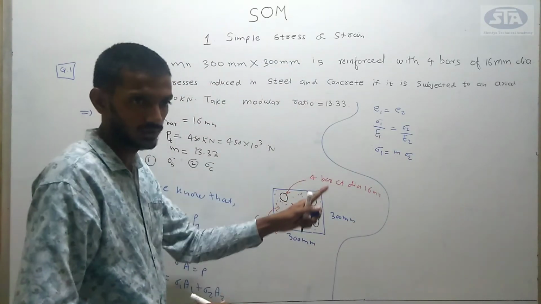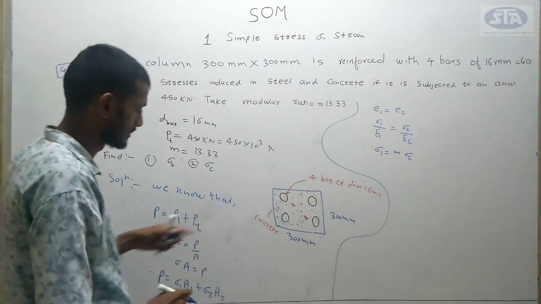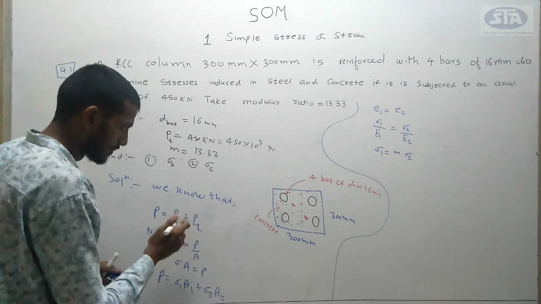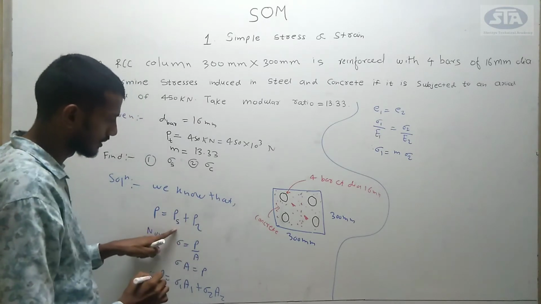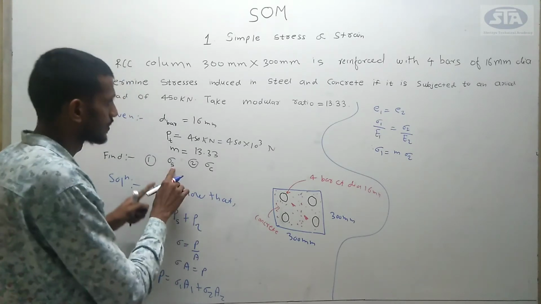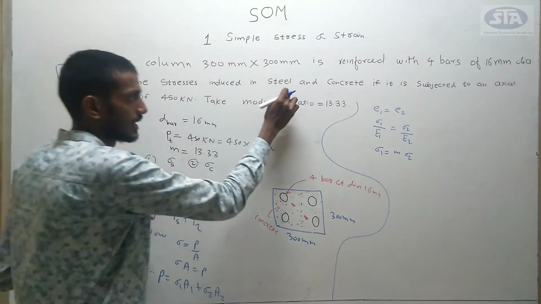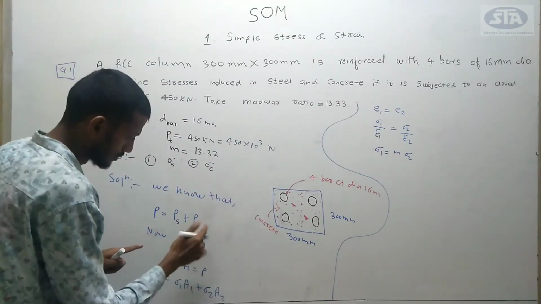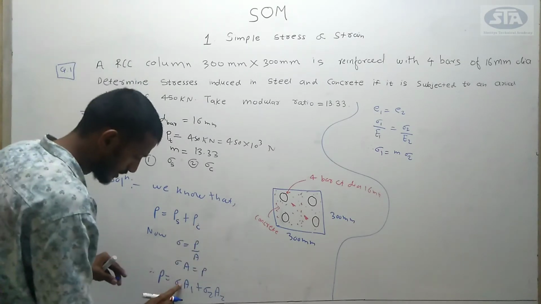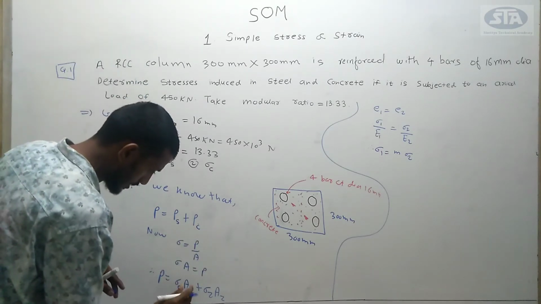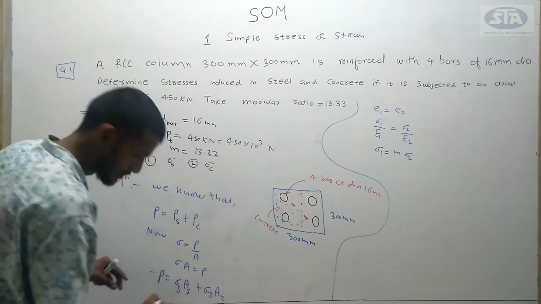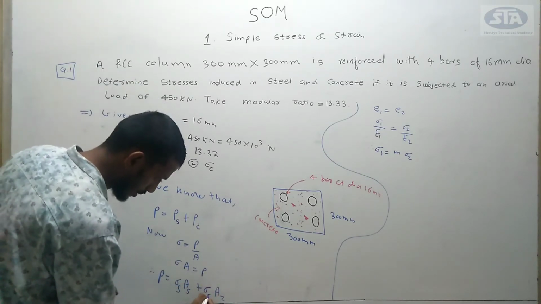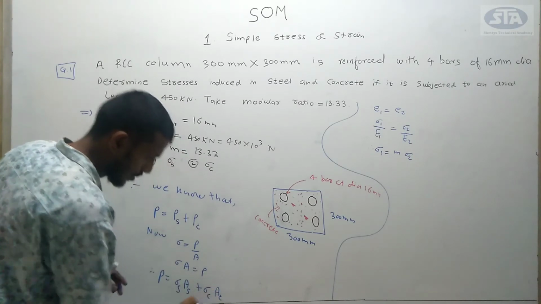Here, P1 is denoted by the force in steel. We have to calculate stresses in steel and concrete, so the first force is for steel and the second force is for concrete. Sigma 1 is the stress in steel with area of steel, and sigma 2 is the stress in concrete with area of concrete.